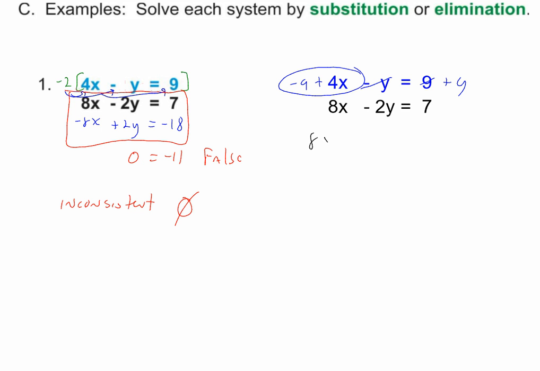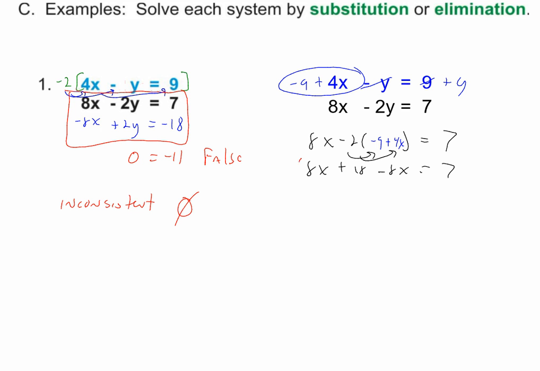Now where the y is, I'm going to sub that in. Negative 9 plus 4x. So I still have the 8x minus, and I'm going to distribute. Negative 2 times a negative 9 is a positive 18. Negative 2 times a positive 4x is a negative 8x equals 7.